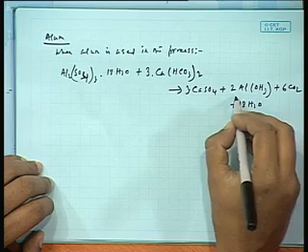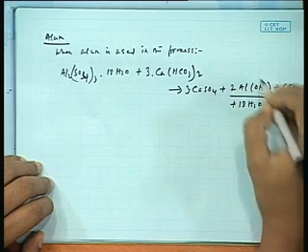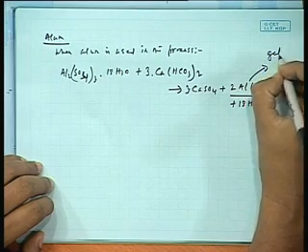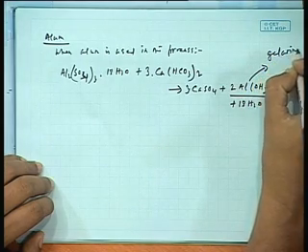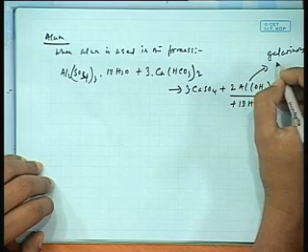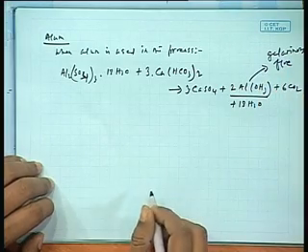This aluminum hydroxide is used as a flock. This is a gelatinous substance, basically a gelatinous flock that settles slowly.